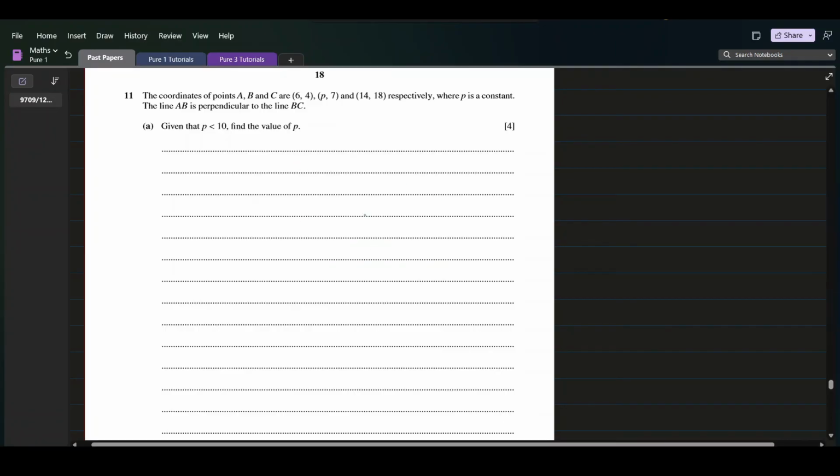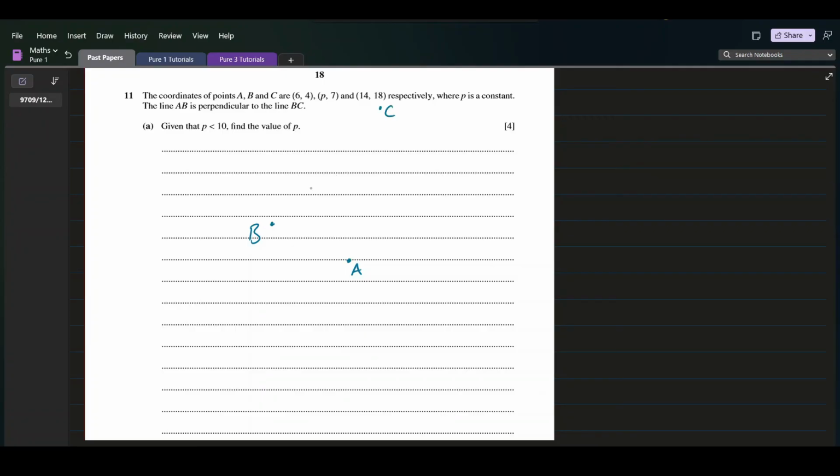Okay, so let's try to sketch a diagram of our problem. It's not going to be an exact sketch. So we'd have A, let's say A is somewhere over here. And then we'd have B being somewhere over here. This is B, and then we need C. C is (14, 18), so we'll say somewhere here.